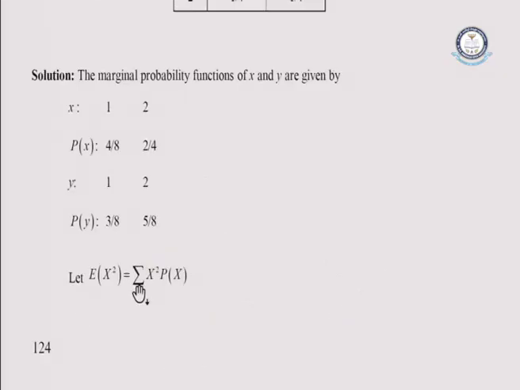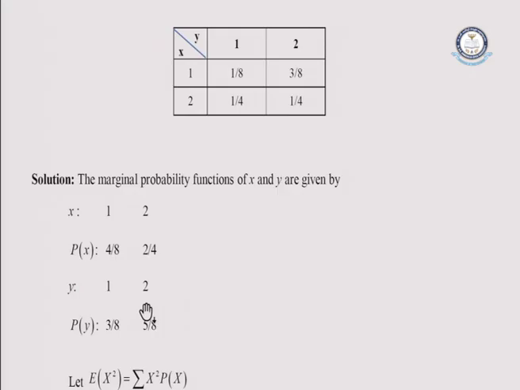The general formula is summation of x into p of x. In the discrete case we write summation of x into p of x only. Here x square is there, so summation of x square into p of x.